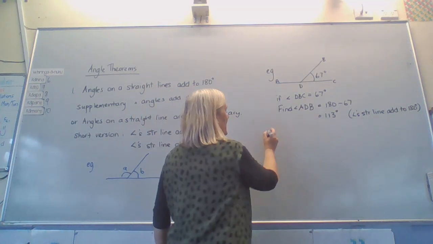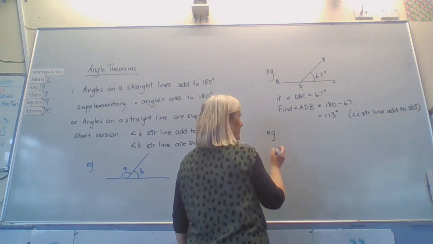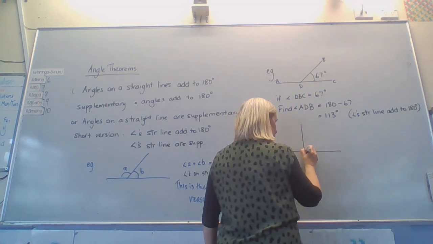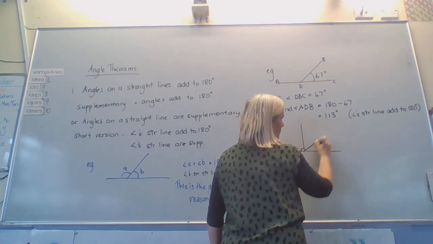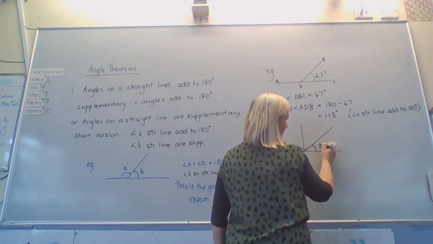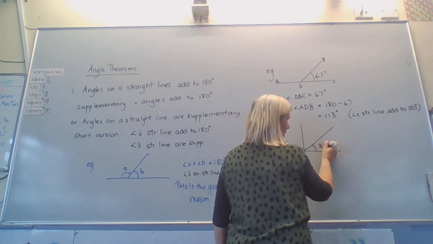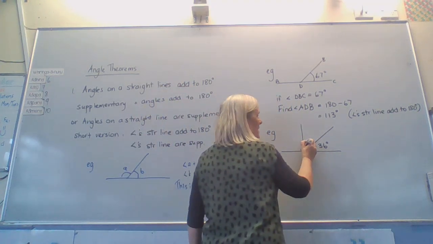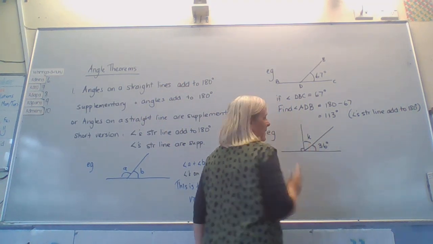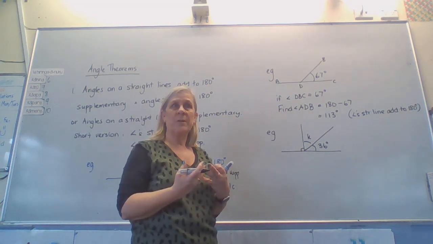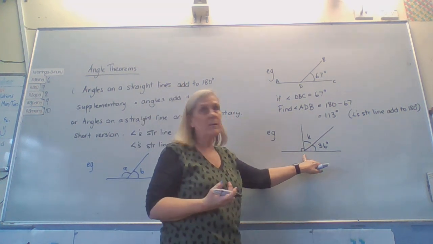So, if we had this one, and we're told to find angle K, all right, what will we do? What does this mean?